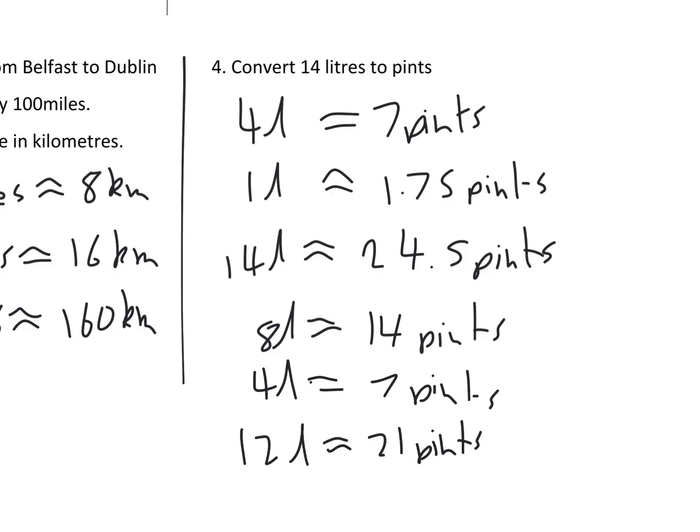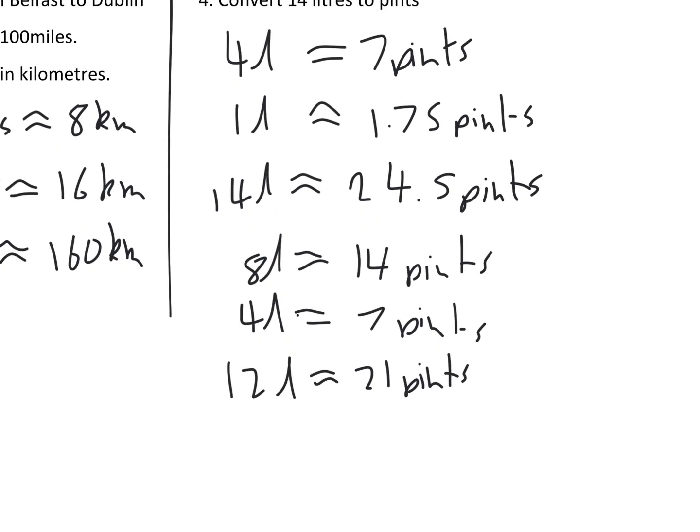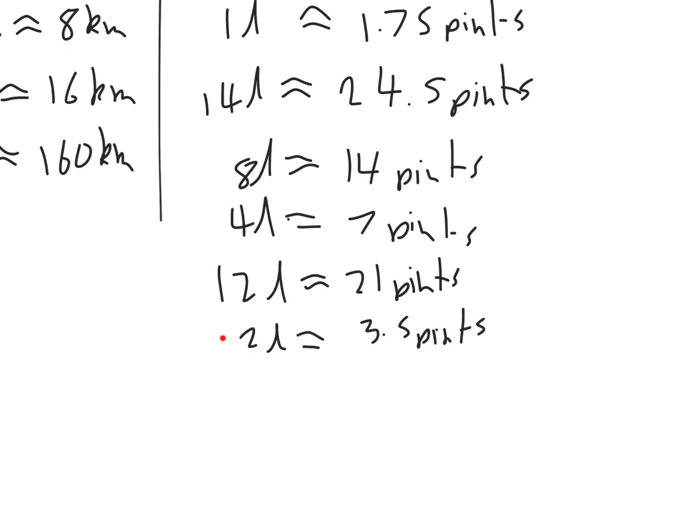And then we need another 2 litres. And 2 litres, if 4 litres is 7 pints, you'd have to half that to get 2 litres. Half of 7 is 3.5. And so we can add 12 and 2 to get 14, add 21 and 3.5 to get 24.5.